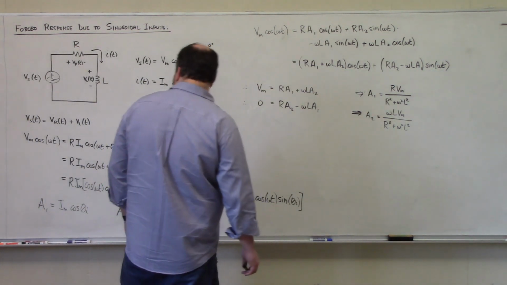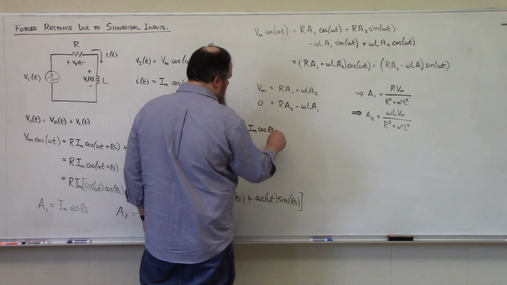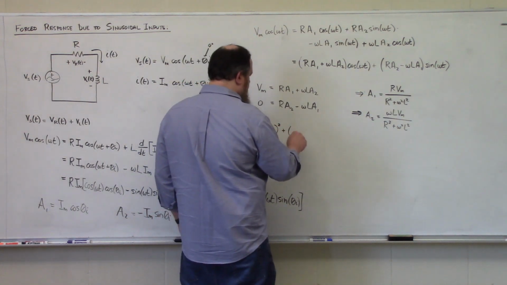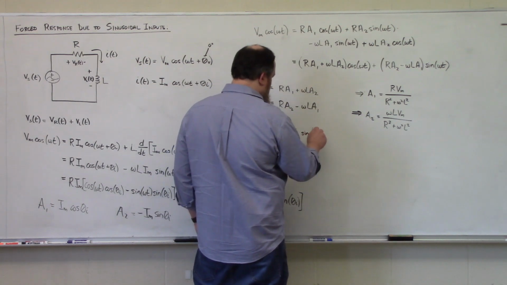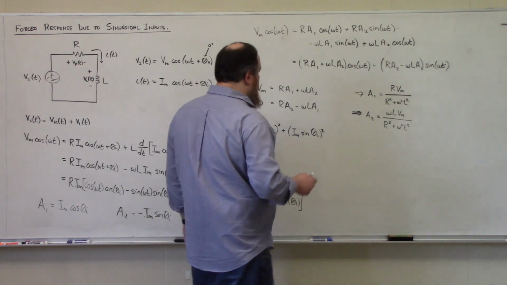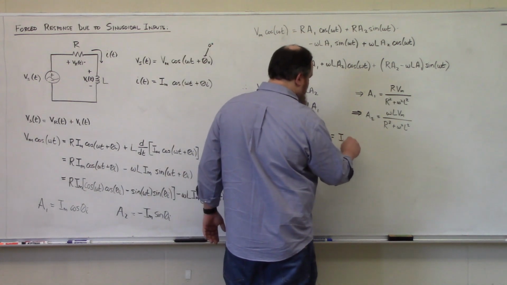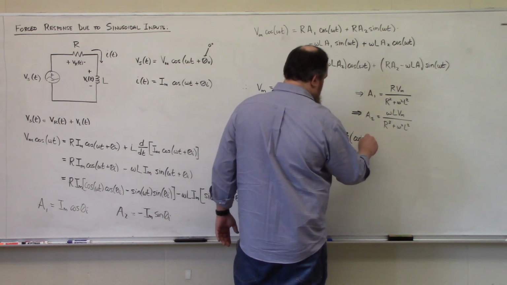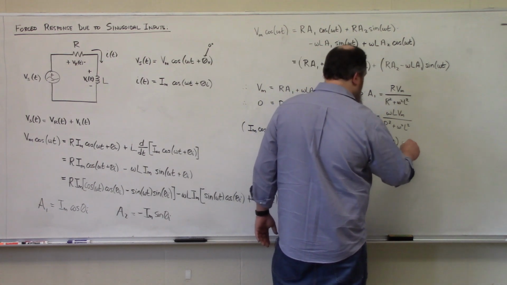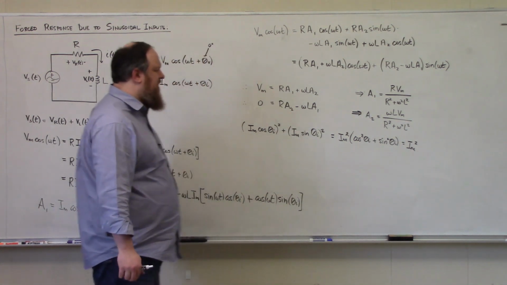And so what I mean by that is that if Im cosine theta I, which is A1, squared, plus Im sine theta I squared, so this is A1 squared plus A2 squared, is going to be Im squared times cosine squared theta I plus sine squared theta I, which is simply Im squared, because cosine squared of an angle plus sine squared of an angle by definition is 1.